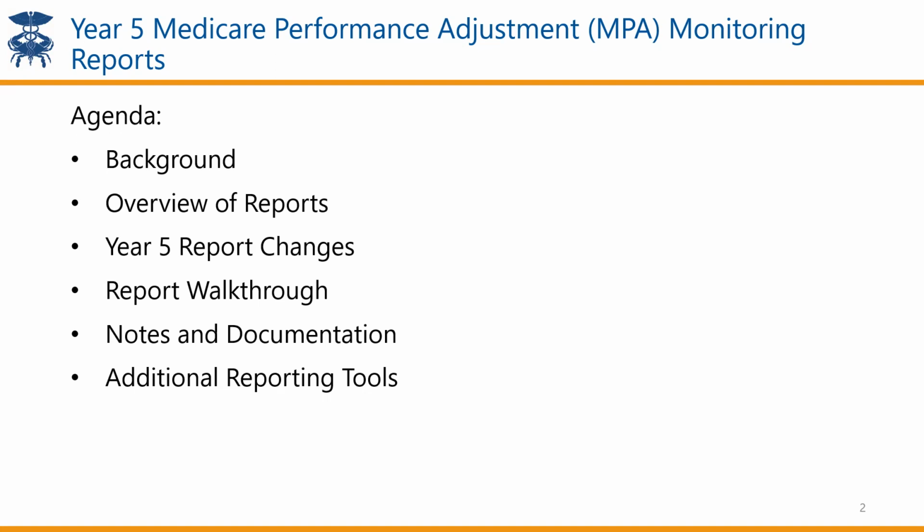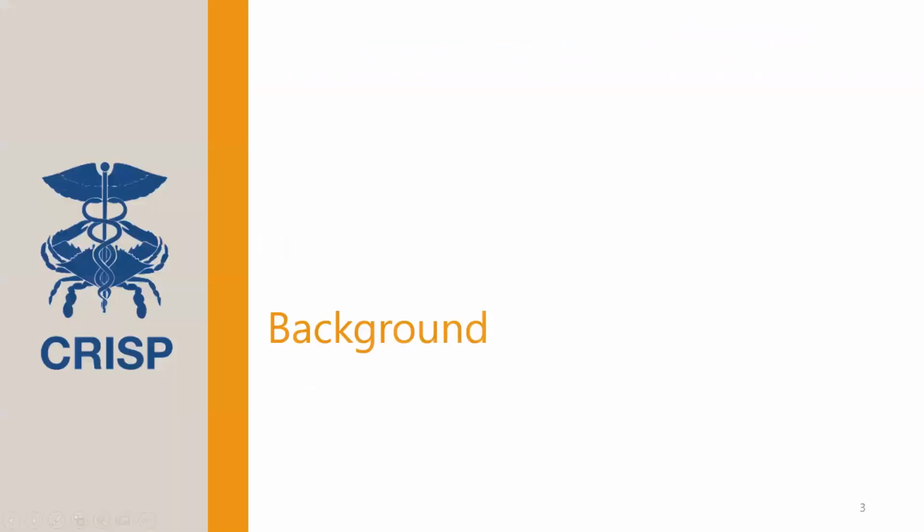And then lastly, we will talk through two additional reports very briefly on how they can also be used and leveraged to support understanding your MPA attributed population. So with that, I will take us to our background section.